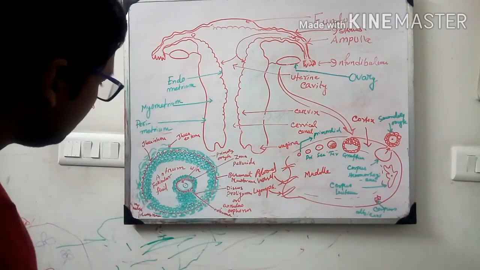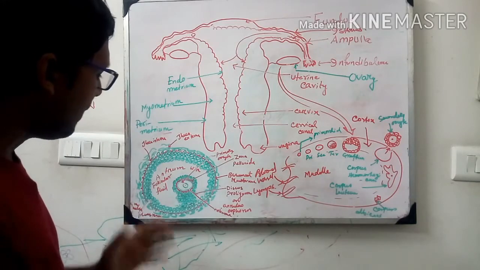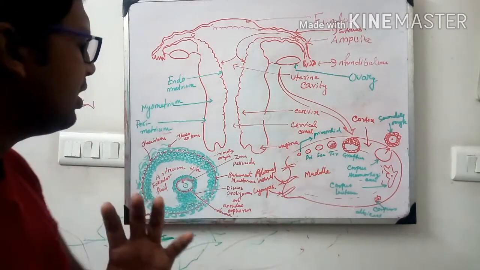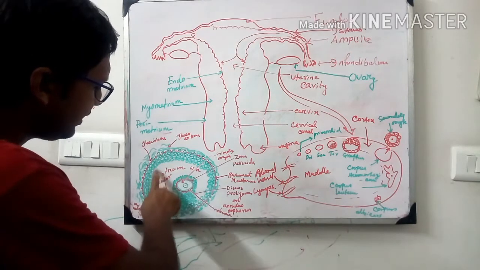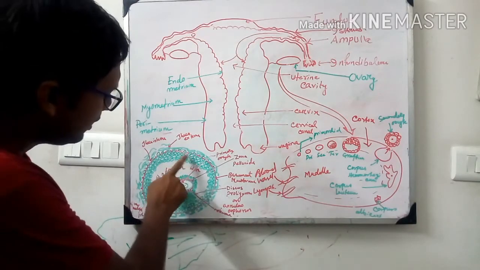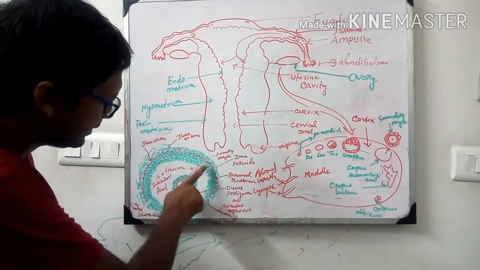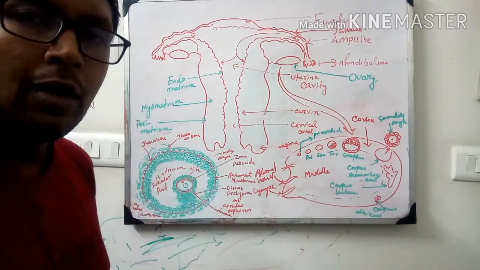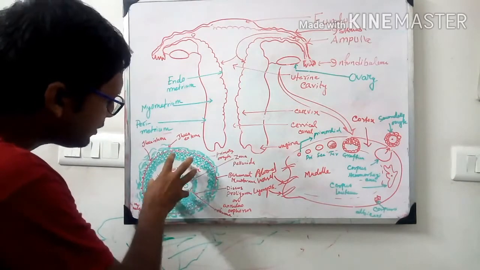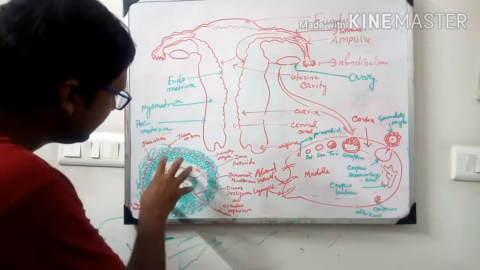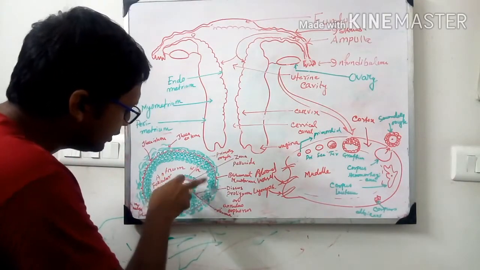Sometimes it's called membrana granulosa. These membrana granulosa cells are very important because they are producing estrogen, and that estrogen forms a fluid-like structure and accumulates in this region.